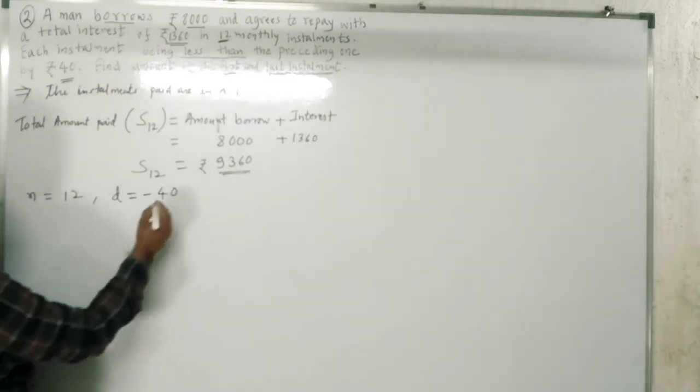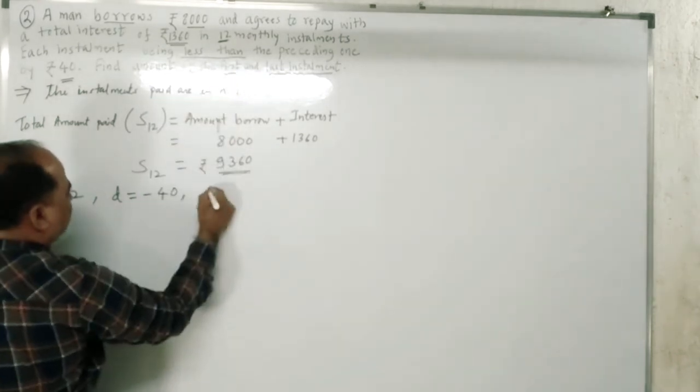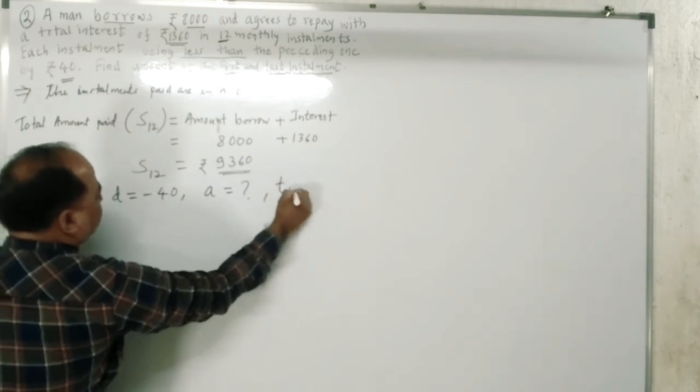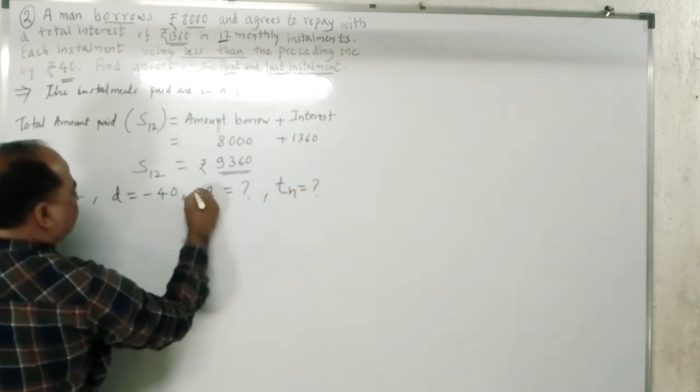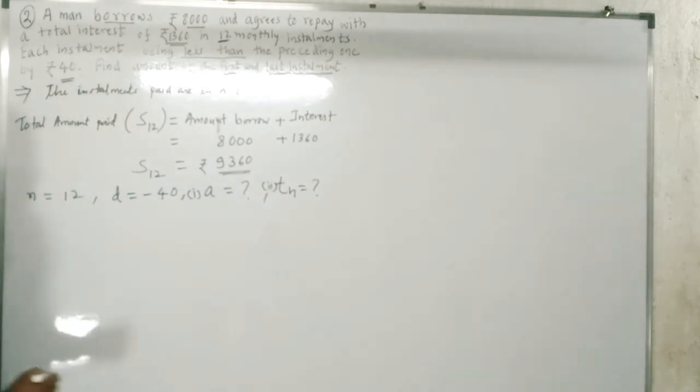D is minus 40, and you have to find the first installment A and the last installment Tn. These two things you have to find. A is equal to, and Tn is equal to.